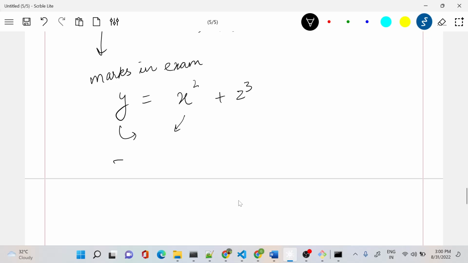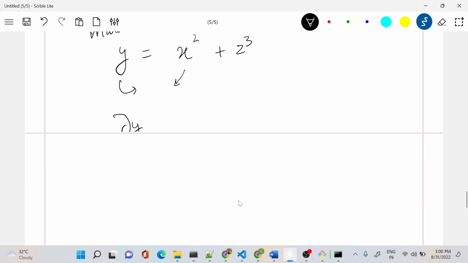For partial differentiation we use this symbol, del y is your marks, and del x is the change in attendance. The derivative is 2x, and since there is no x term involved in z cube, that turns out to be 0.